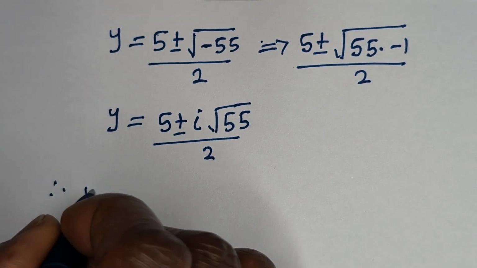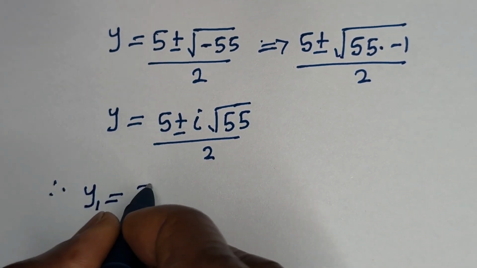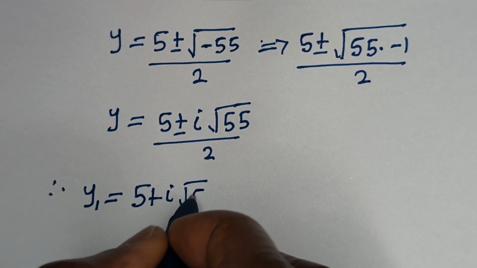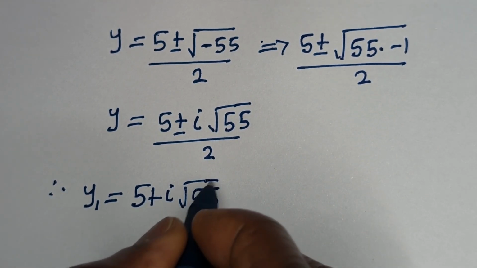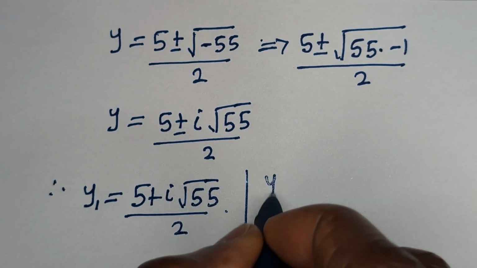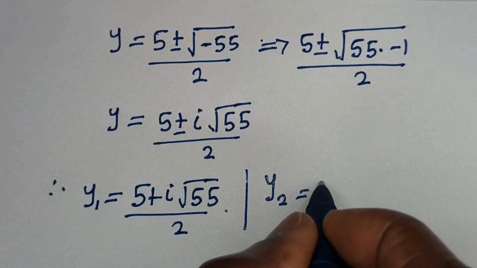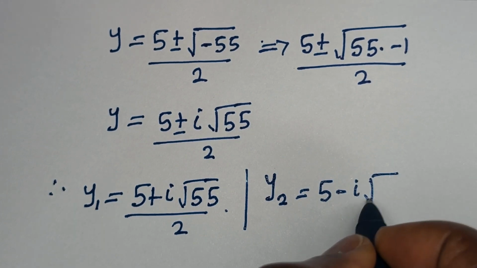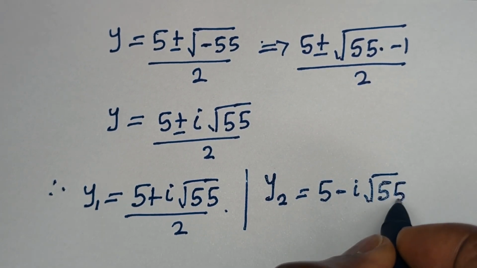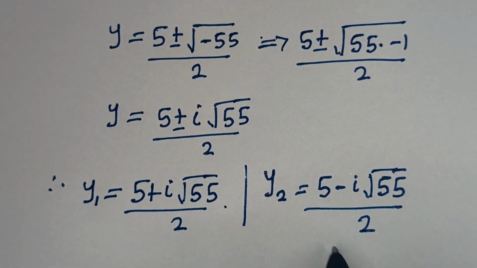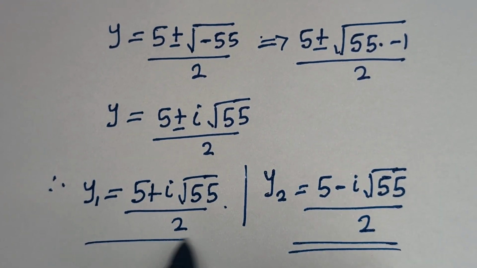Therefore, y1 is equal to 5 plus i root 55 over 2, and y2 is equal to 5 minus i square root of 55 over 2. These are the values of y. We've gotten the values of y.